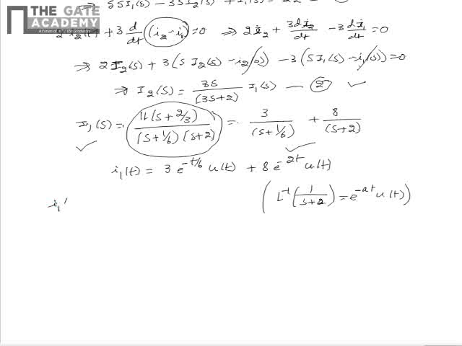So from this we see that i1(1 second) = 3 e^(-1/6) + 8 e^(-2), which upon simplification can be obtained as 3.62 ampere. Hence the correct option representing i1(t) at t = 1 second is D.